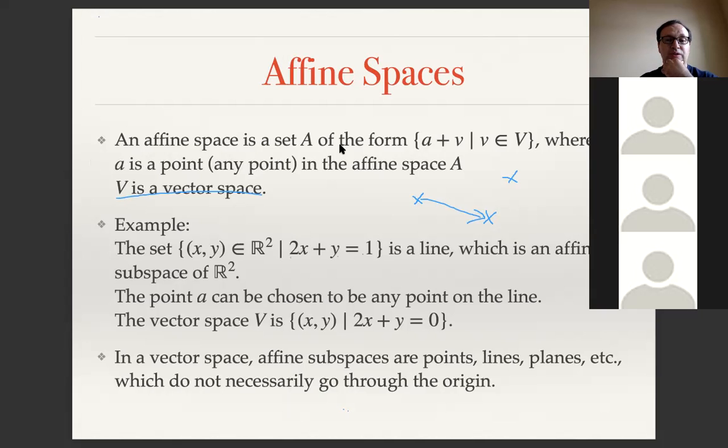So the point can be chosen to be any point on the line. So here I'm referring to this definition and to A here in the definition. And the vector space is the vector space which, as a line, is parallel to this one, which is not a vector space. So in the plane, among all lines that are parallel to a given line, only one of them is a vector space.